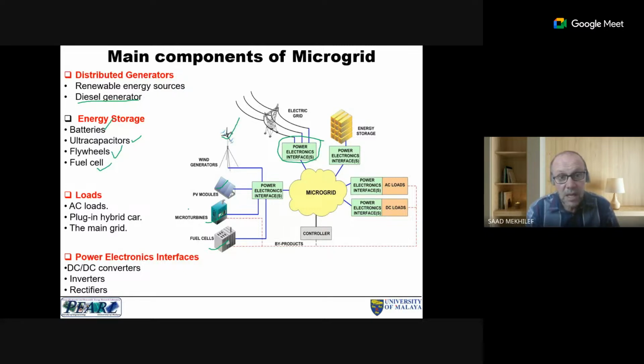But as you know, the grid requires inertia, and these renewables do not provide the inertia needed for the grid to maintain the frequency and the voltage. So at the moment we are trying to introduce as many green resources as possible into the existing grid while maintaining stability.